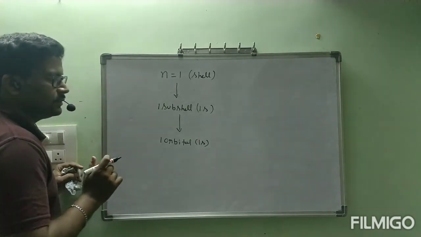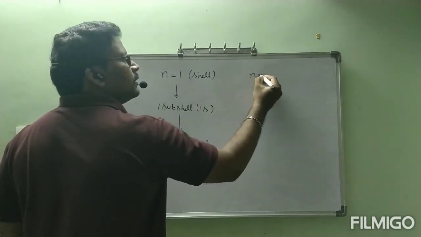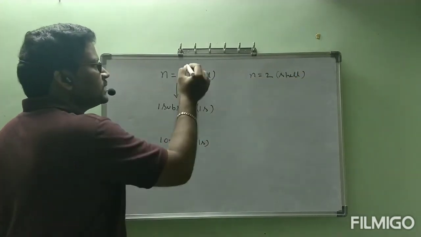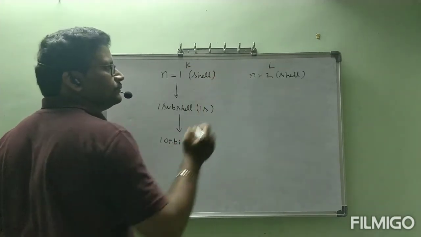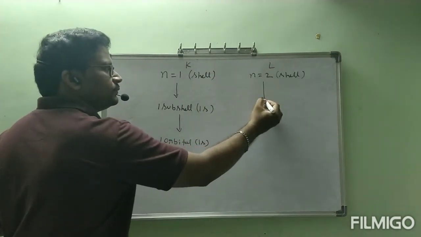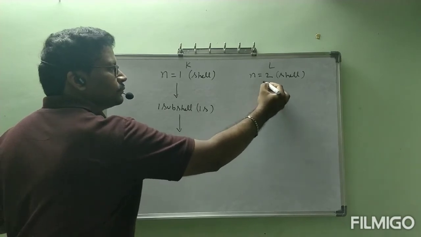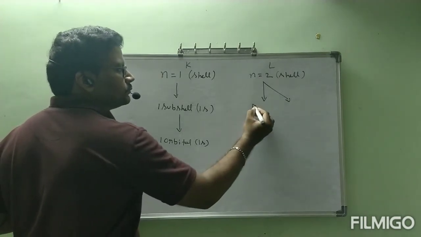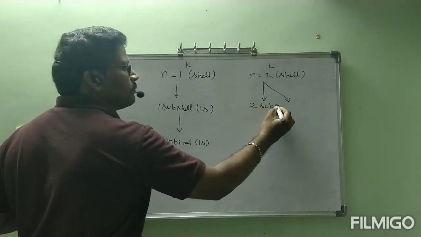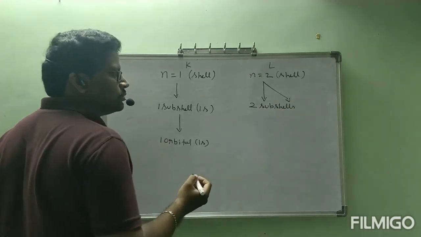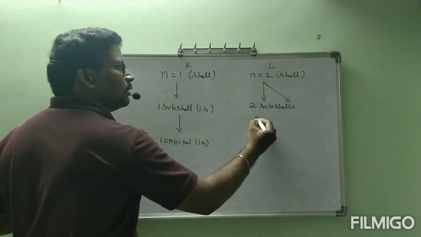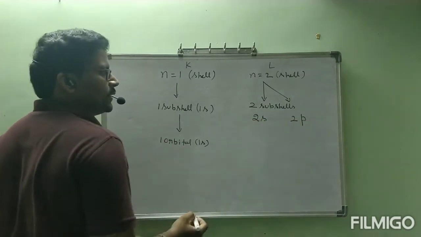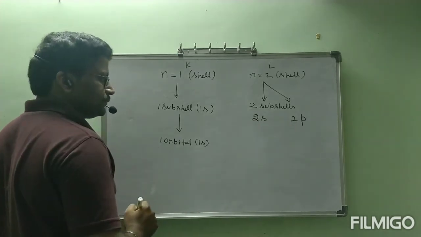Next, n is equal to 2 shell. n is equal to 2 means this is K, this is the L shell. It has two subshells. Those two subshells are 2s and 2p.